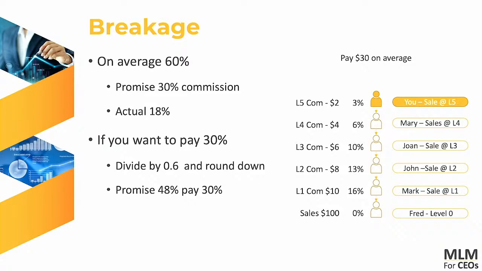Now, when you are promising 48%, that looks really great. And the reality is some people in your network will, in some cases, be paid the full 48%. But as a company, that is not what you're concerned about. As a company, you want to know that your average payout does not exceed 30%.